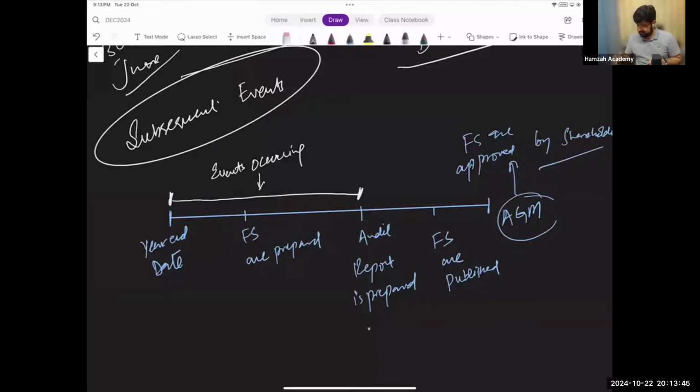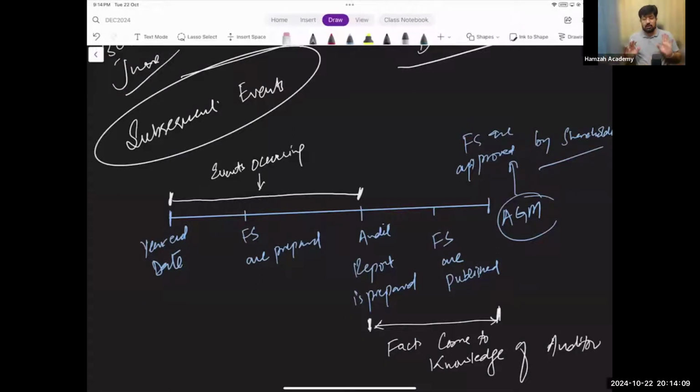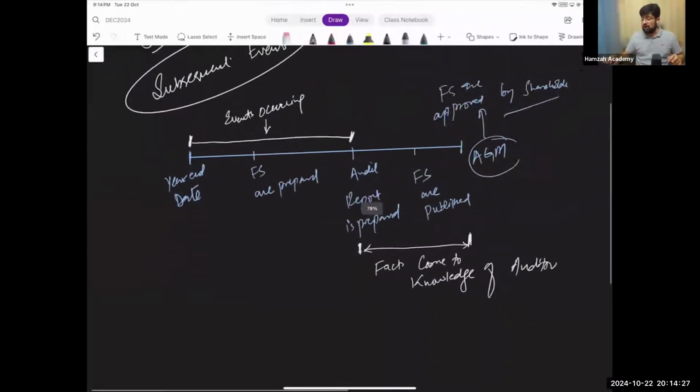And facts discovered, which come to the knowledge of the auditor. The auditor is not looking for anything, but during this period of time, some facts come to the knowledge of the auditor which are related to previous year financial statements and which are affecting them. So these two are called subsequent events.